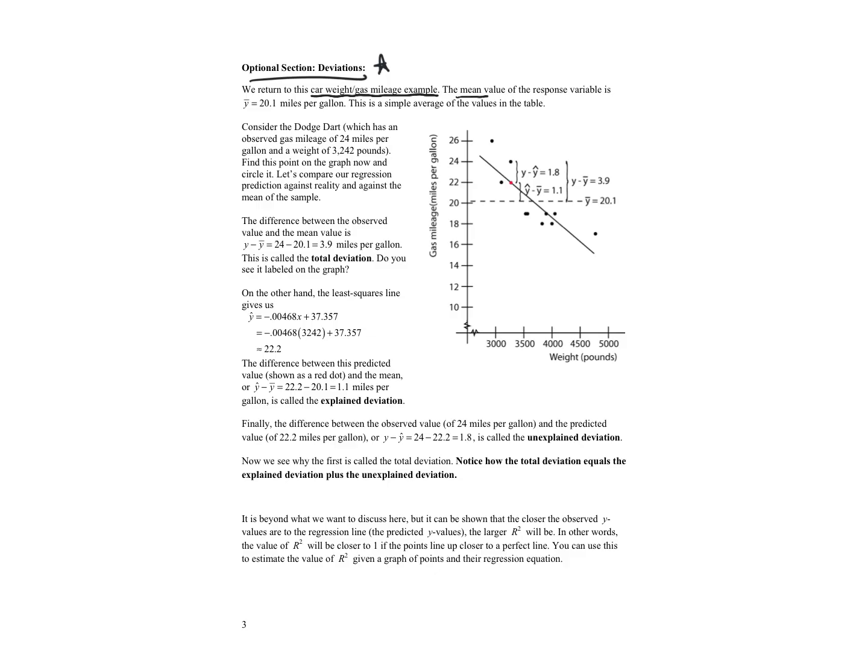So the mean value of the response variable, and remember, that was the gas mileage, the mean value was 20.1 miles per gallon. We're going to call that Y bar. This is really just the average of the values given for gas mileage in the table.